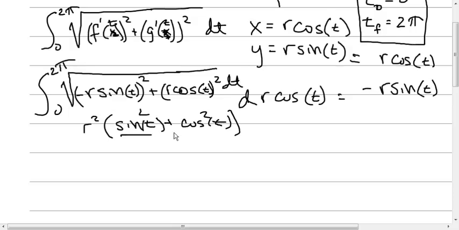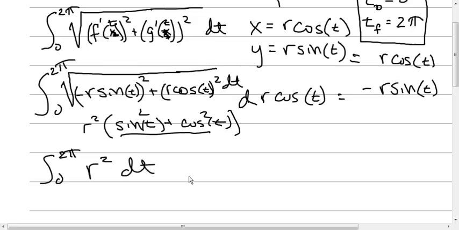And wait a second, there's a trig identity. This is just equal to 1. So this kind of daunting integral simply becomes the integral from 0 to 2 pi of r squared dt.